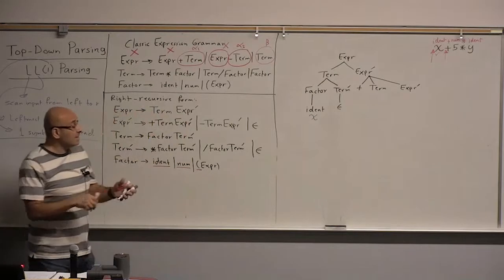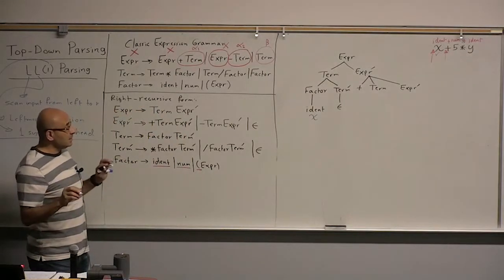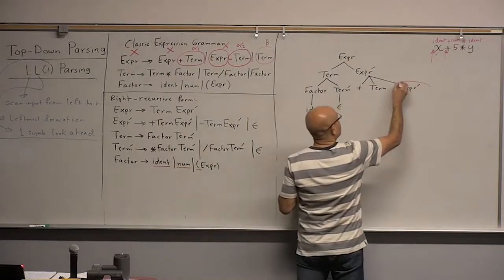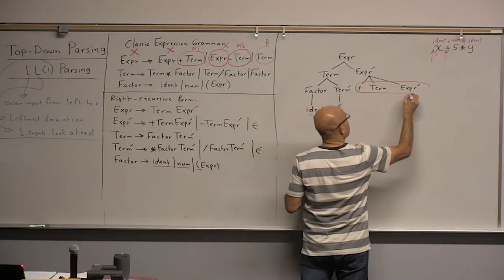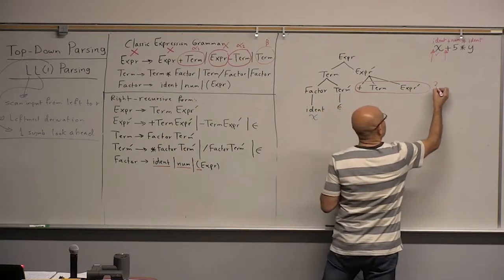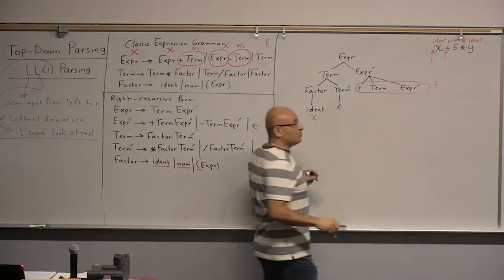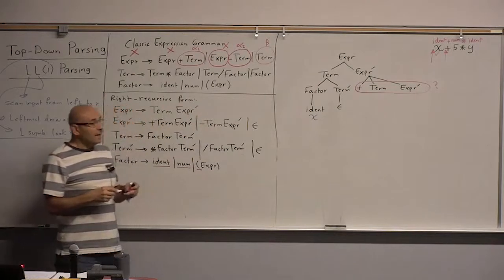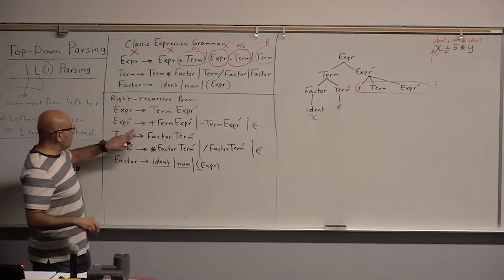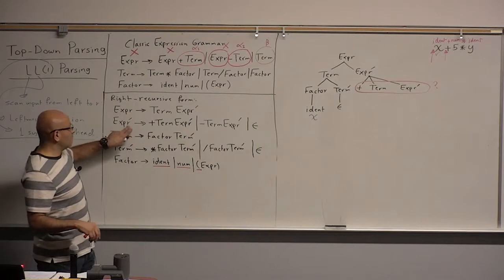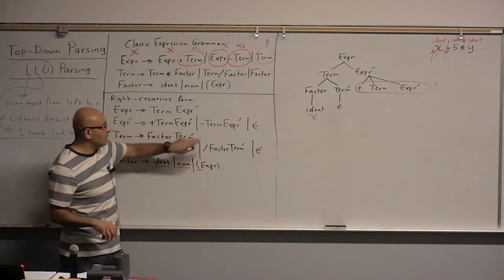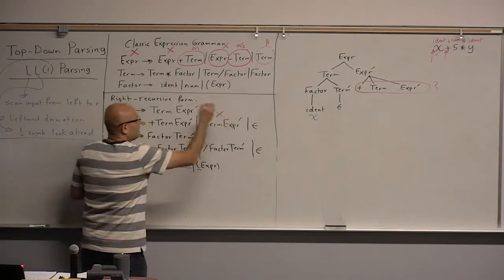Now there is something. Let's put a question mark here, because this substitution, in fact, is questionable. It is the right substitution, but there is something that we are missing here. We know we're trying to find the substitution for expression prime. We have one that starts with plus and one that starts with minus. We know for sure that the minus is the wrong substitution.